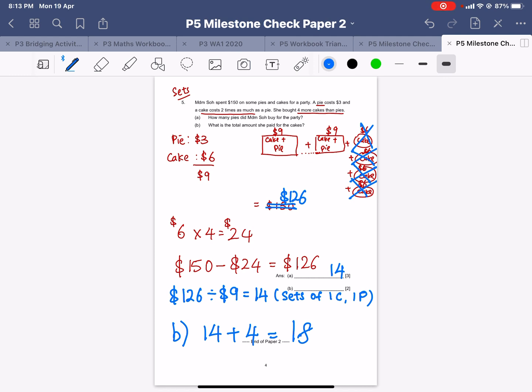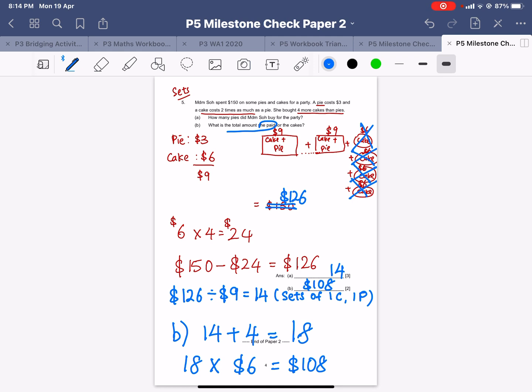But that's not what they want. They want the total amount paid. Each cake is $6. So by doing this, you will also be able to get the answer, $108. Go and revise on your MSP1, especially on set, because it will be pretty useful.